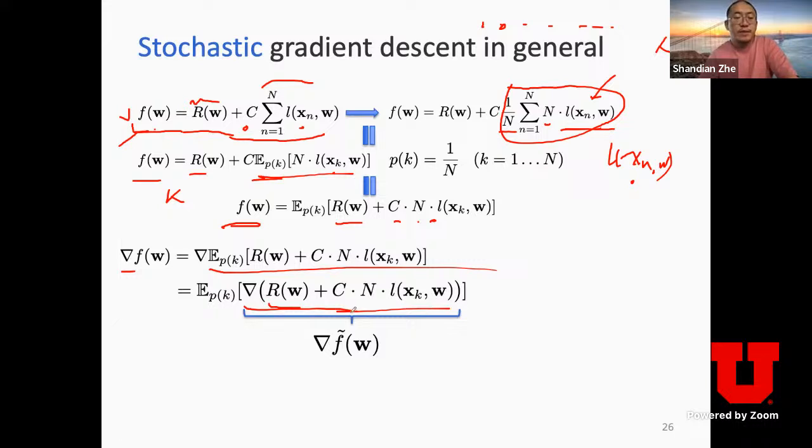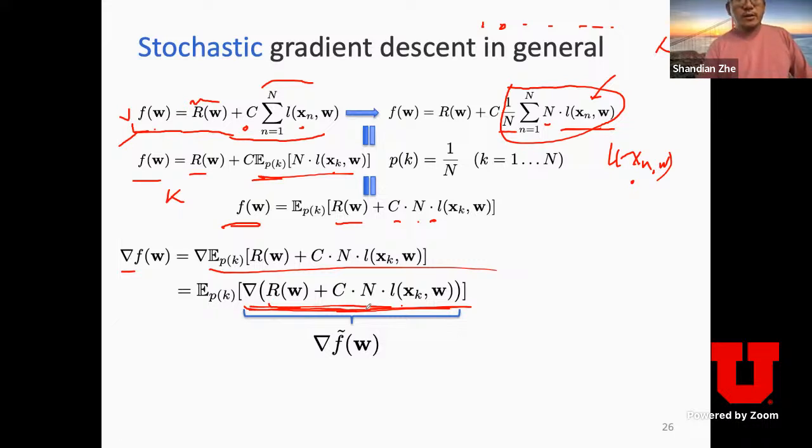Remember, this becomes an expectation of the gradient. The gradient itself, the part inside the square bracket, is a random variable. Why is it a random variable? Because it depends on xk, which is randomly selected by rolling a die, and you have an equal chance to select each point. So this gradient is random, and we call it the stochastic gradient.